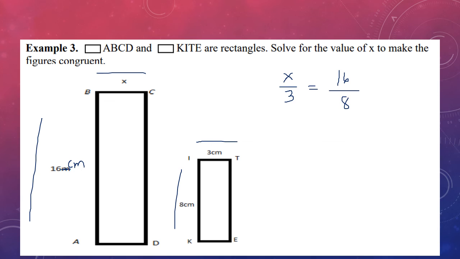Okay? So it cancels out. So that is 8x again. Then 48. It's the same again, right? The value of x is 6 centimeters. So, another one. There's another form or another method.